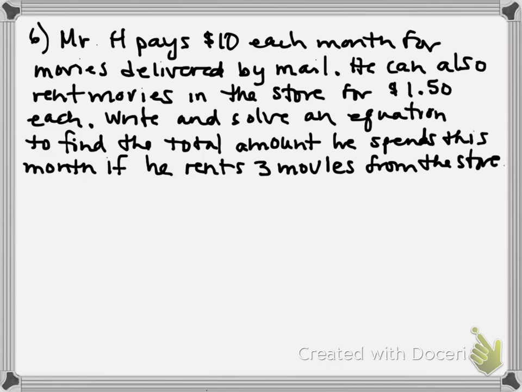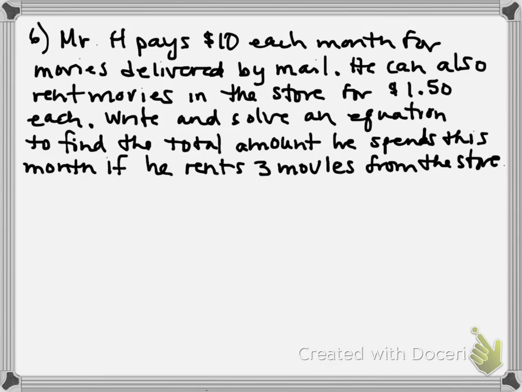So what some people will do is start launching in trying to solve the problem. But you missed the part of the directions that says you need to write an equation and solve the equation. So what we're going to do is come up with an equation, and then we'll use substitution for the value that they give us.